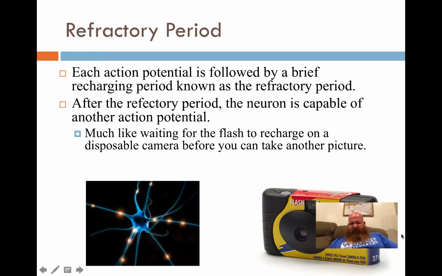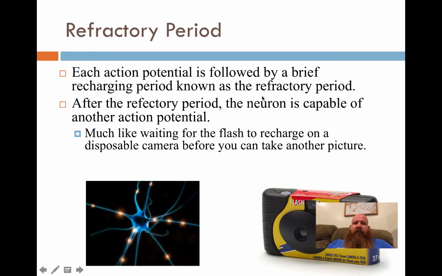You can see this little button right here that you had to push to charge. So you push it, and it would charge the capacitor or whatever, so that it would be ready to flash. Then if you needed a flash, you could take the picture. Once that was taken, you couldn't take another one with the flash. You had to recharge it. The refractory period is essentially a recharging period.